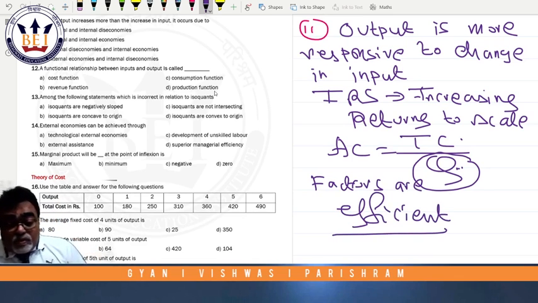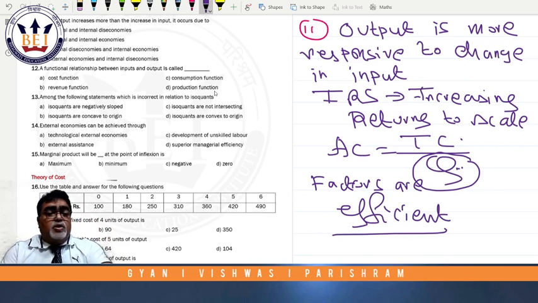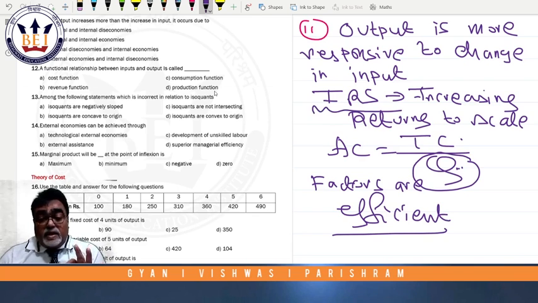My dear, when factors are efficient, there is one terminology called economies of scale. Are you getting the link of this? As per the question, I have written IRS. Perfect. Then, to be more specific, I have taken care of AC, average cost, which is total cost by quantity.